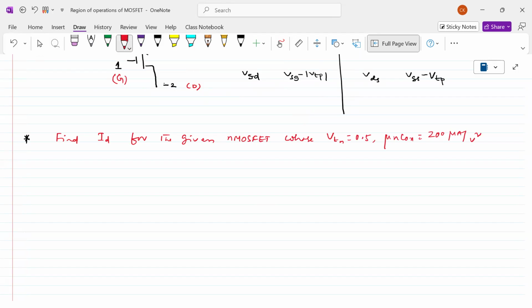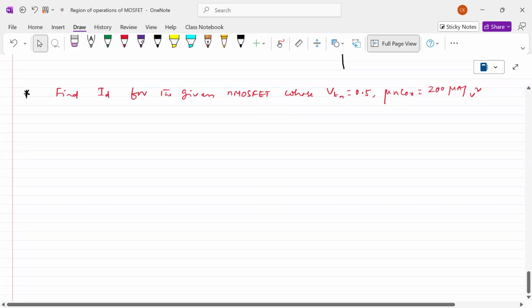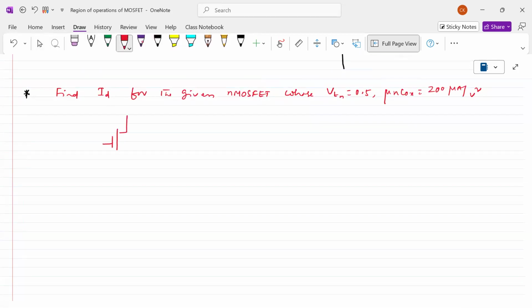This is the way they have given. The voltages are 0.8, 1 volt, and this is 0 volt. What is its ID?